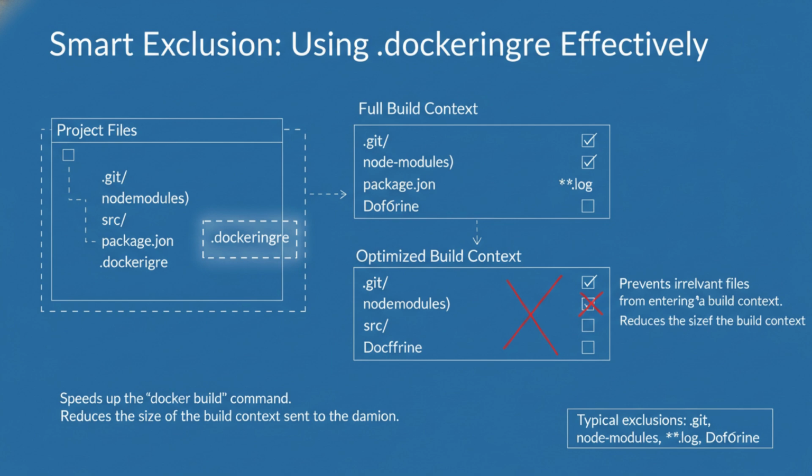If you have large directories like node_modules, .git folders, or temporary logs, these unnecessary files will increase the size of the build context, slowing down the build and potentially adding bloat to intermediate layers. By specifying these exclusions in .dockerignore, you streamline the build process and ensure only relevant files are considered, making your builds faster and your images cleaner.